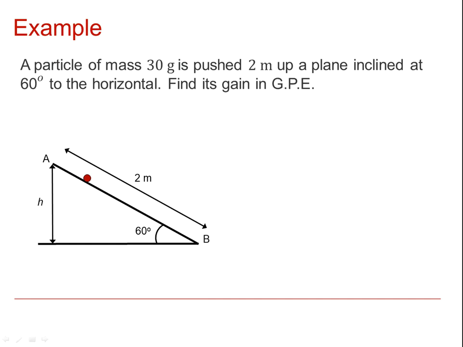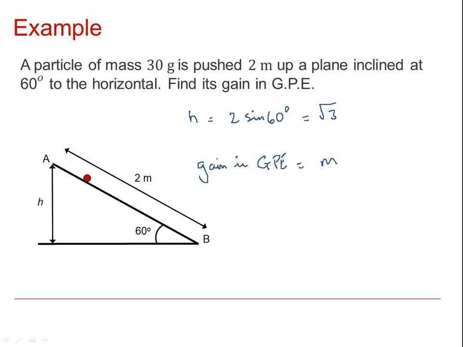The first thing to work out is the gain in height, h, and we can see from the diagram that h is equal to 2 sin 60. Sin 60 is root 3 over 2, so 2 sin 60 is root 3. So the gain in height is root 3 meters.